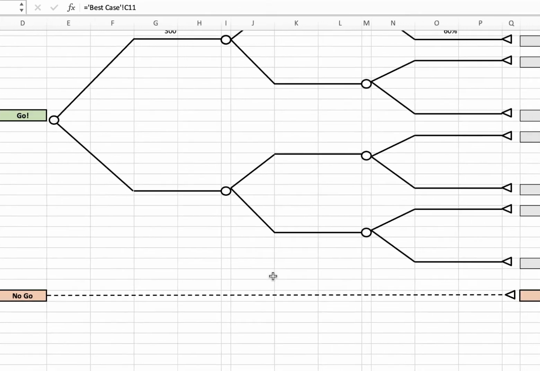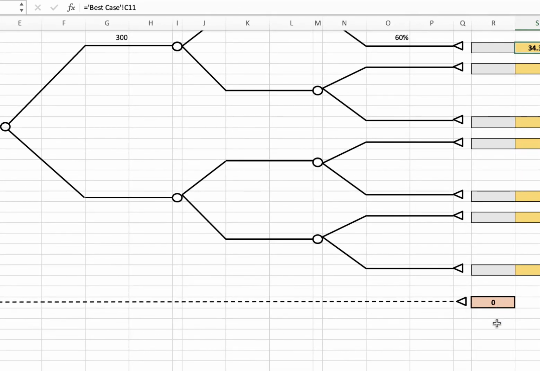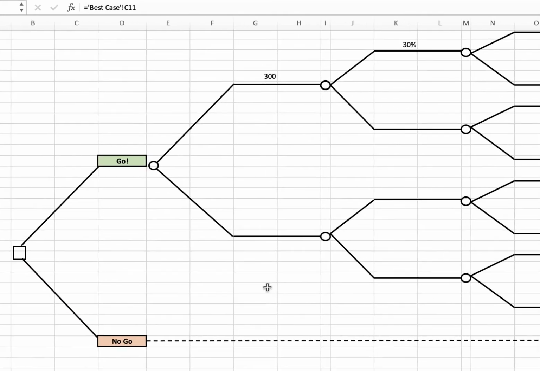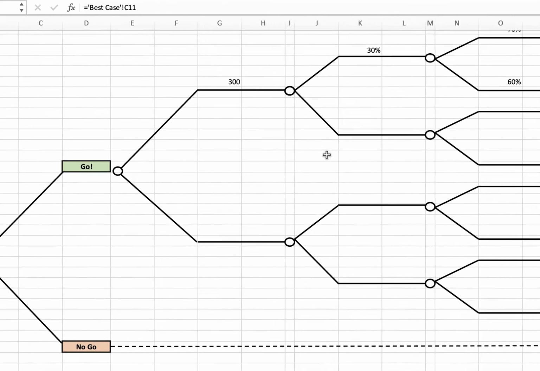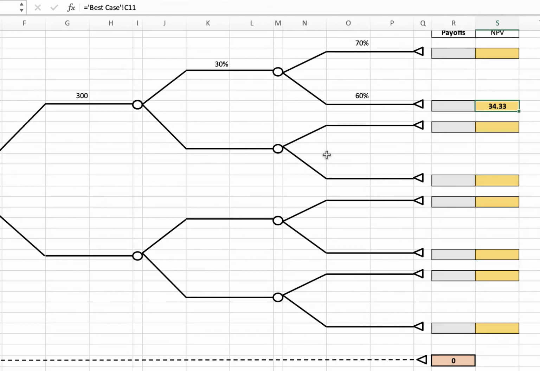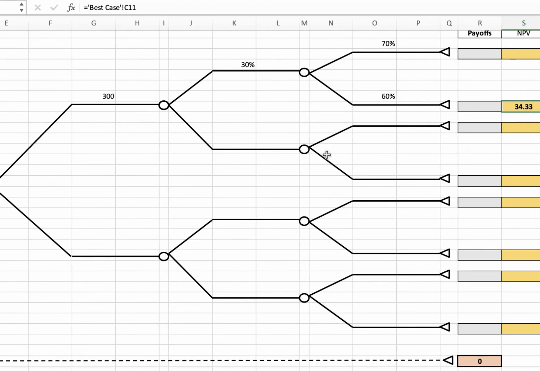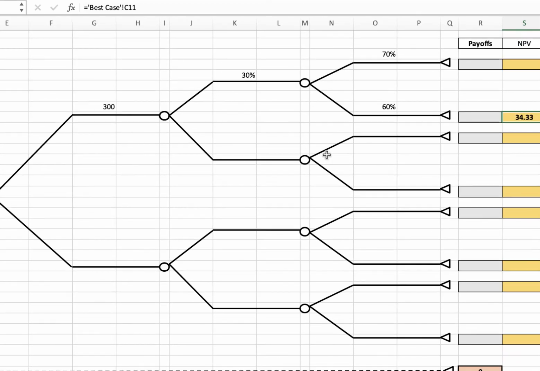So of course, if it's a no-go, the process stops and the payoff would be 0. They just would not go forward with the MES. But if it is a go, then we're looking at our standard 2 by 2 by 2 decision tree. And here I've set up part of this for you.